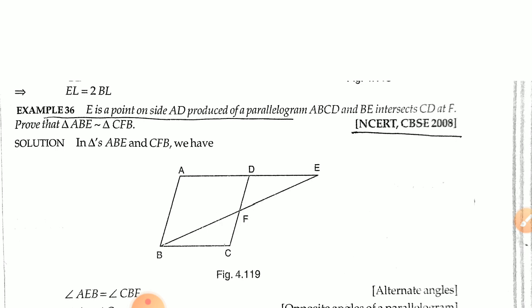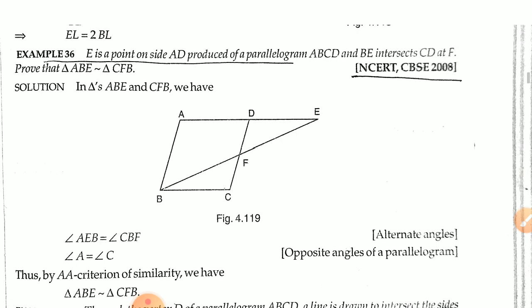Look here, E is the point on side AD produced of a parallelogram ABCD, and BE intersects DC at F. Then prove that triangle ABE is similar to triangle CFB. And now we will find the solution.